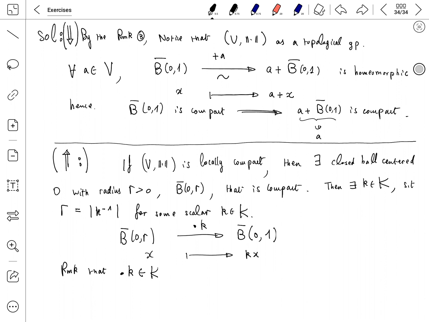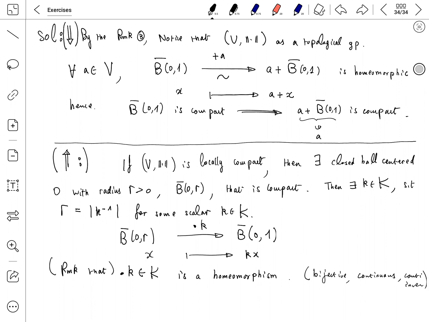So it's not exactly the same situation as before, but again you could just check it. This is bijective, continuous by the fact that this is a normed vector space, and the inverse is continuous.